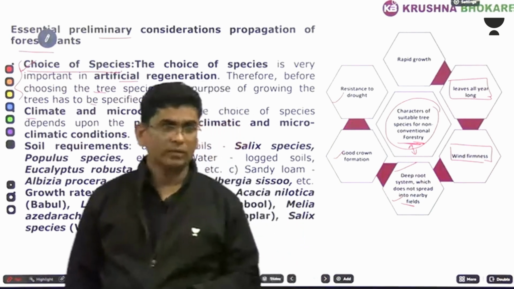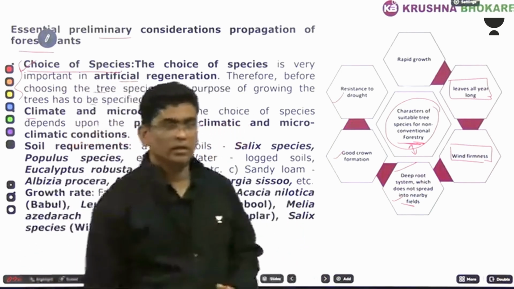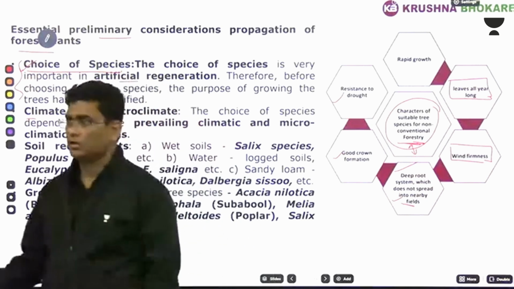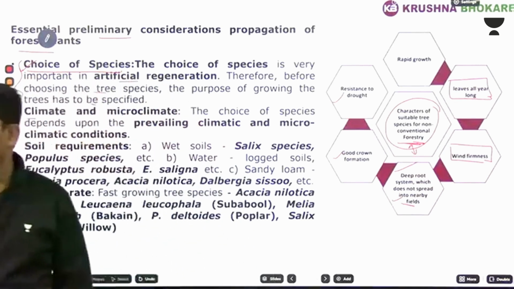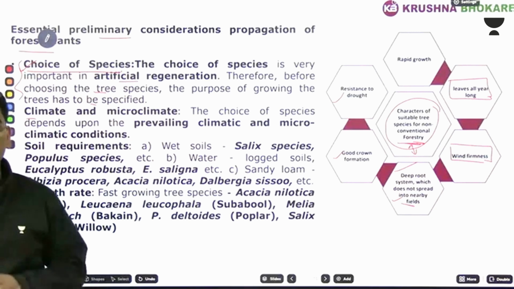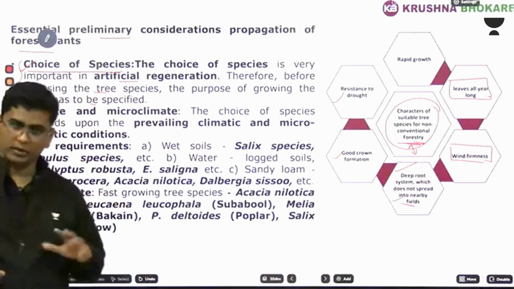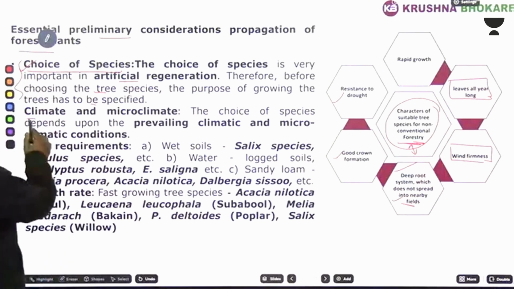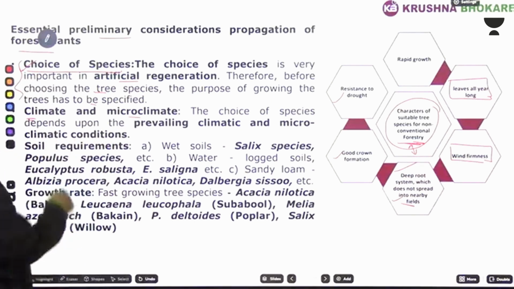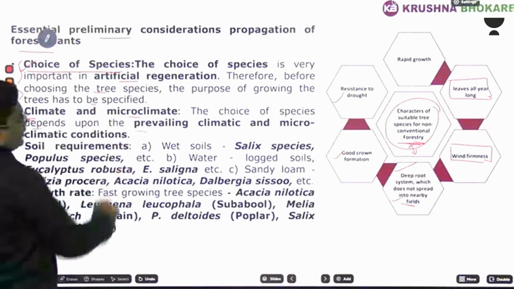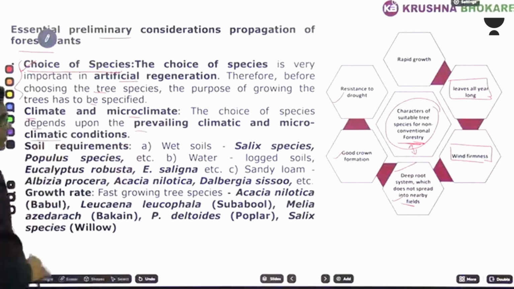I have some farm animals, okay, during summer time it's very difficult to keep them in the heat. So what will happen? I will say plant a fodder tree, a shade tree, depending upon that, है ना. So climate and the microclimate: the choice of a species depends upon the prevailing climate and the microclimatic condition.